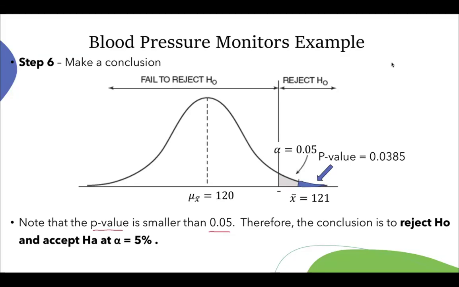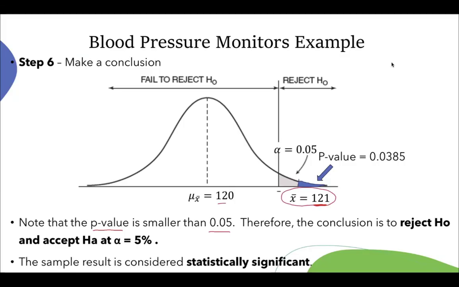This is what the medical researchers believed was true, and that's what we stated in the alternative hypothesis, that the mean blood pressure reading was greater than 120, and our sample mean gave us a value that was statistically significant. Okay, the sample result is considered statistically significant.